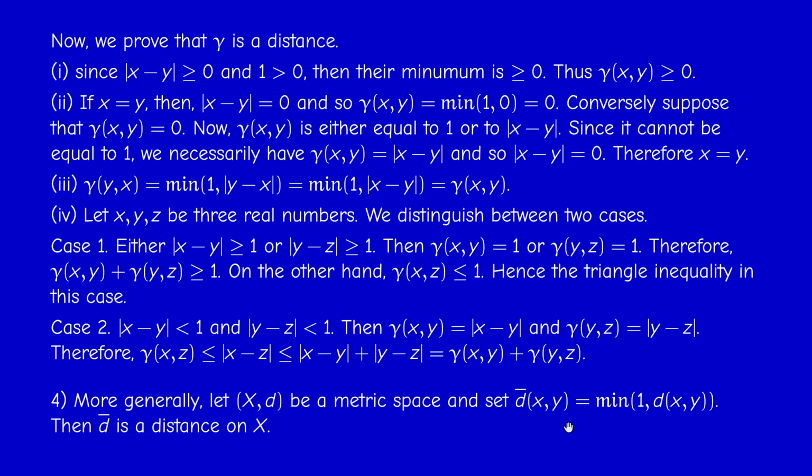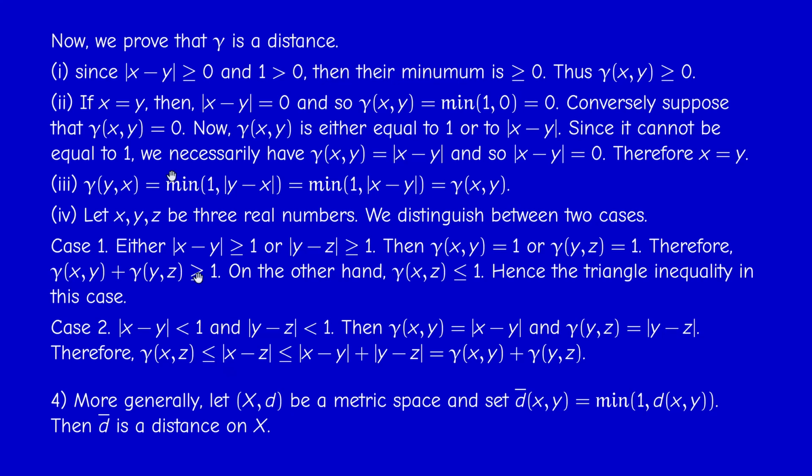Okay, this example is important, as we shall see later, because in section 3 we shall prove that in some sense d and d bar are equivalent. But d bar has the additional property that it's bounded by 1 from above, whereas d need not be bounded. So we shall use this fact later.